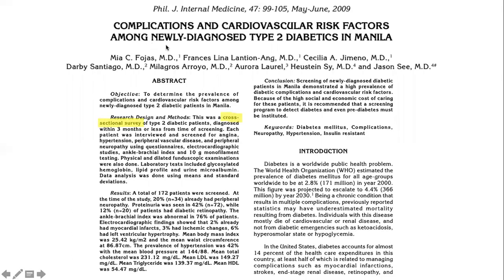So I was discussing an example of a cross-sectional survey devoted to a small population, newly diagnosed patients with type 2 diabetes.